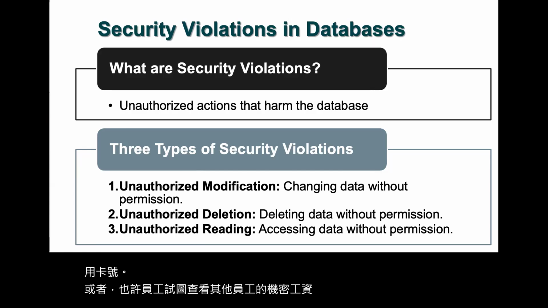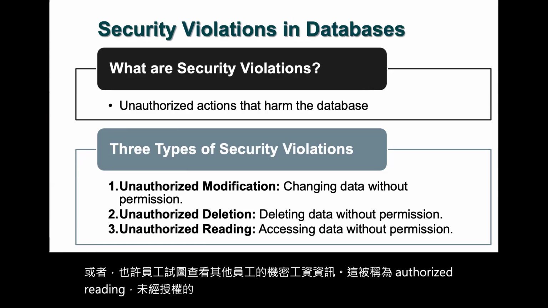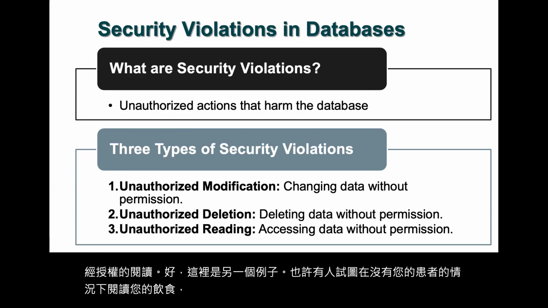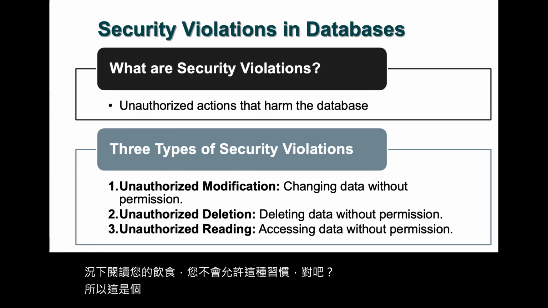It's called unauthorized reading. Okay. So another example is, maybe someone tries to read your diary without your permission, and you are not allowed that to happen, right? So this is the same case with the database.